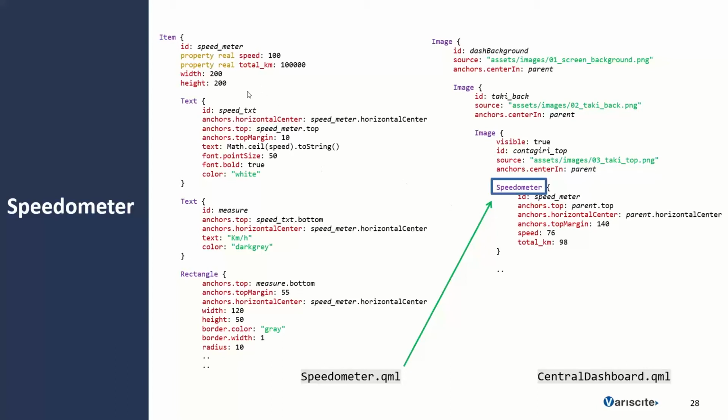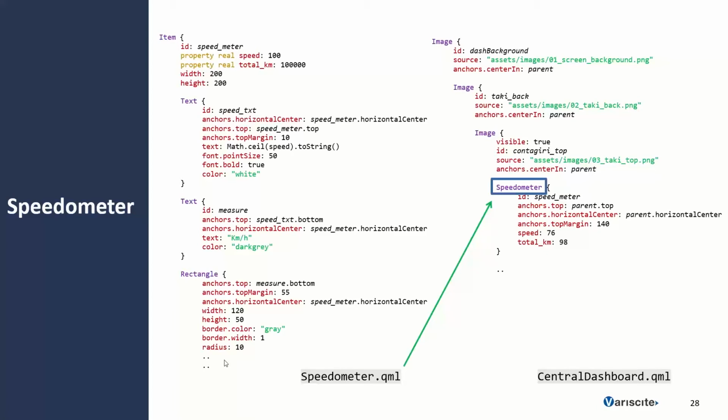Here we can see the two texts for the speed and for the unit, kilometer per hour. And we can see the rectangle and a rounded rectangle with radius 10 that describe the gray part of the rectangle. This is only part of the code, as you may understand, because it's too long.